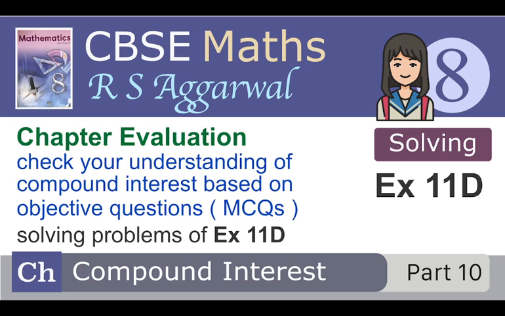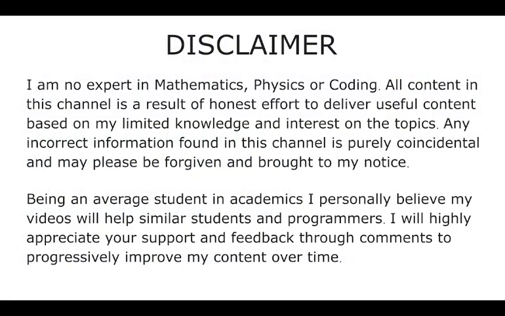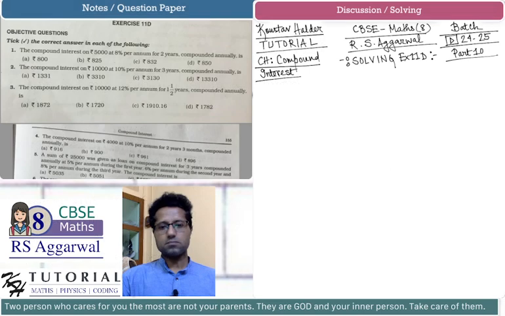So let's get started in solving the problems of exercise 11D on the chapter of compound interest. I have the problems of exercise 11D on the left hand side. I hope the fonts are big enough so that you can read the problems.